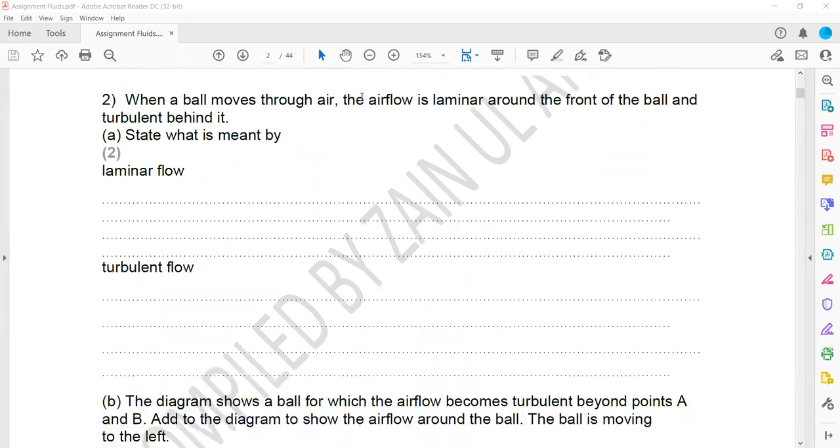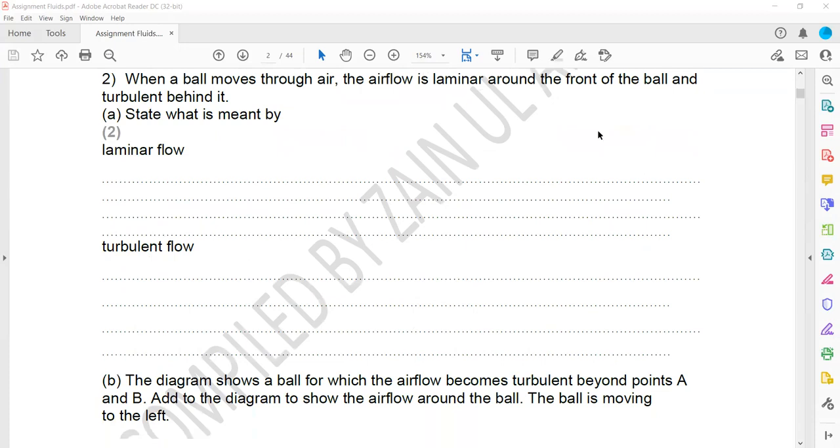When a ball moves through air, the airflow is laminar around the front of the ball and turbulent at the back. State what is meant by laminar and turbulent flow. So what is the definition of laminar flow? Laminar flow means there is no abrupt change in the direction or speed of the flow, whereas turbulent means that it contains eddies or abrupt changes in the speed and direction.